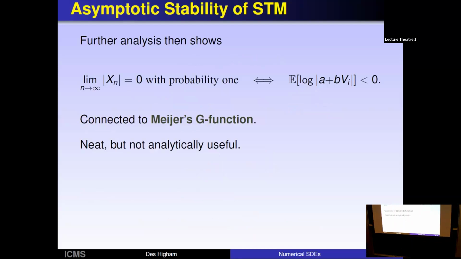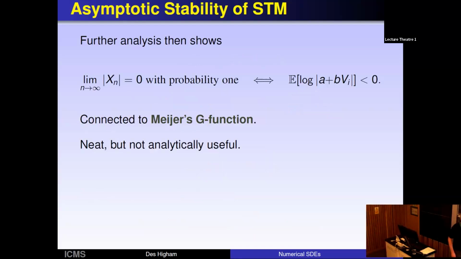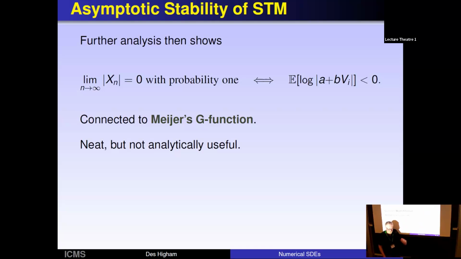I wanted to know some sort of explicit characterization under which this holds. But it seems like there's no simple way of progressing other than just evaluating the corresponding integral to see whether the expectation is negative. Okay. So it's a neat way of writing it, but it doesn't really give you any benefit in terms of understanding things like regions of stability. You just have to compute them.